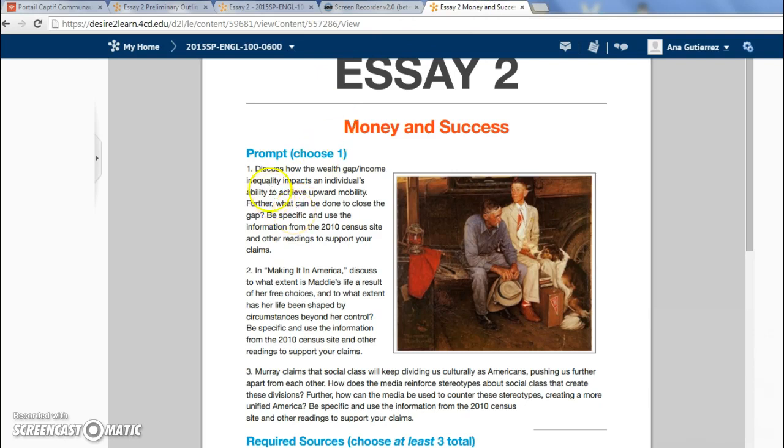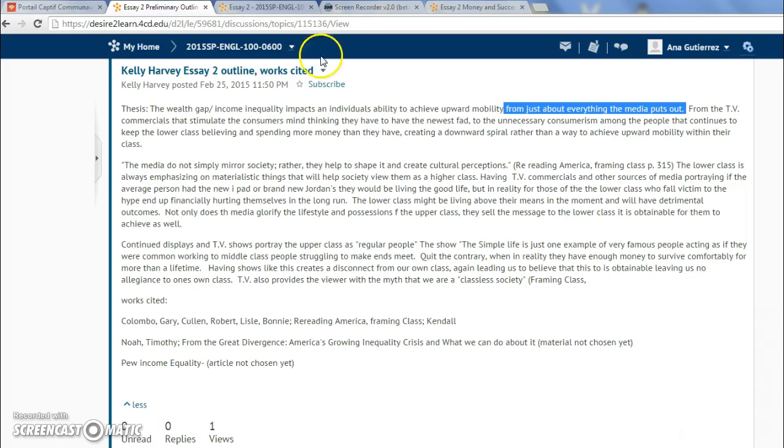When you're writing a draft, you should absolutely have that essay question in front of you so that you don't get lost and unfocused while you're writing, which is super easy to do even for experienced writers. The question is to talk about how this gap impacts someone's ability to move up a social class. And you said it impacts it from just about everything the media puts out.